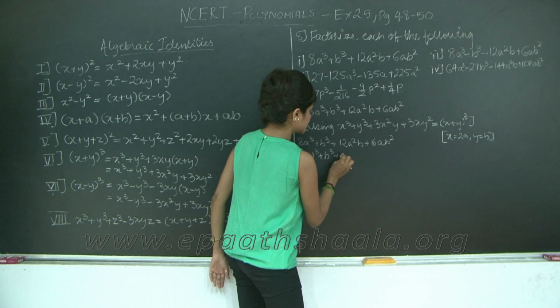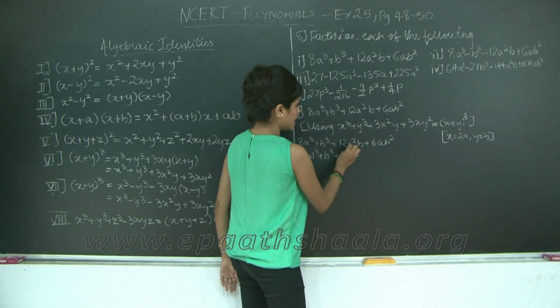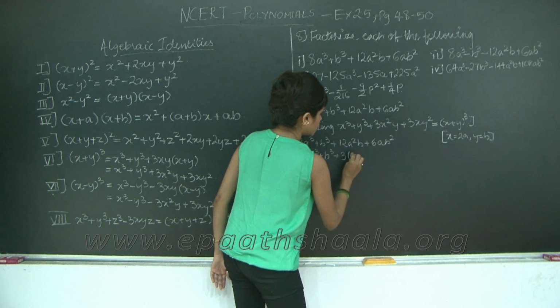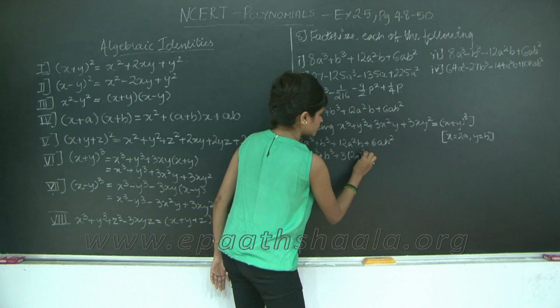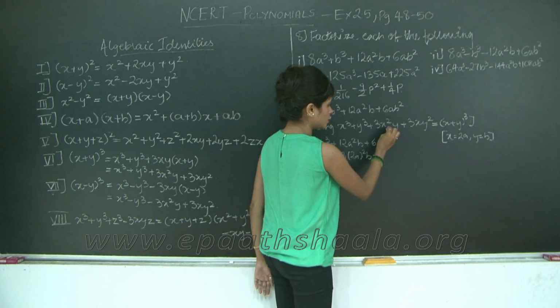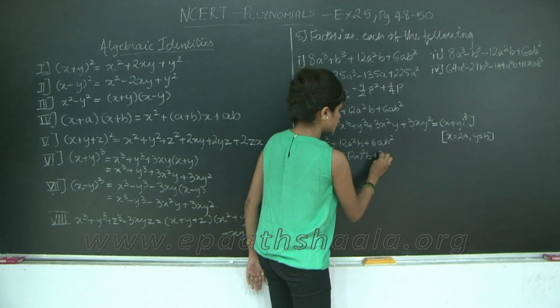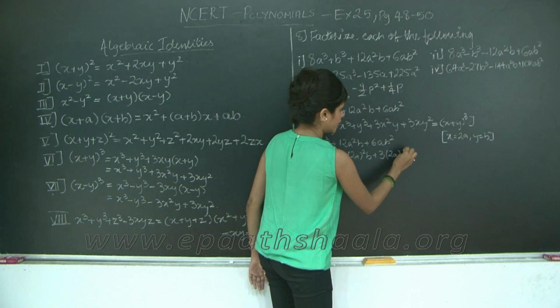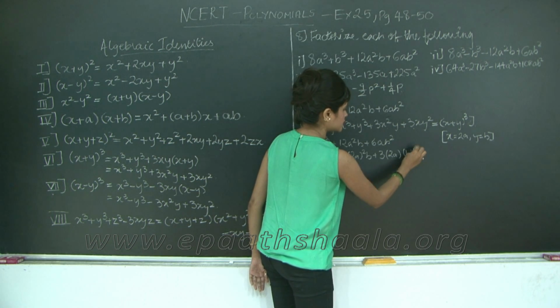So first of all, I need a 3. So I write 3 as it is. A square, this is going to be 2a the whole square into b, right? Again, I have a 3 over here. So 3, x is 2a and b square, so b square.